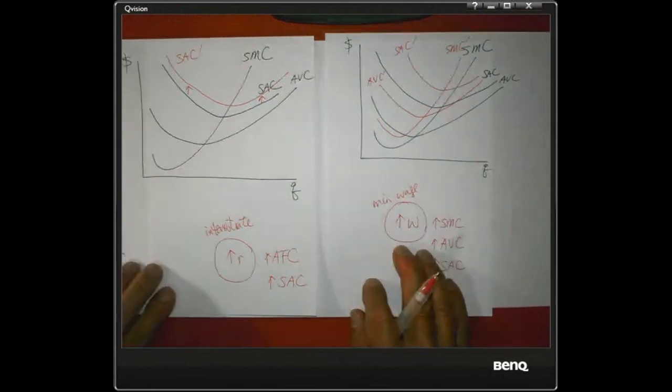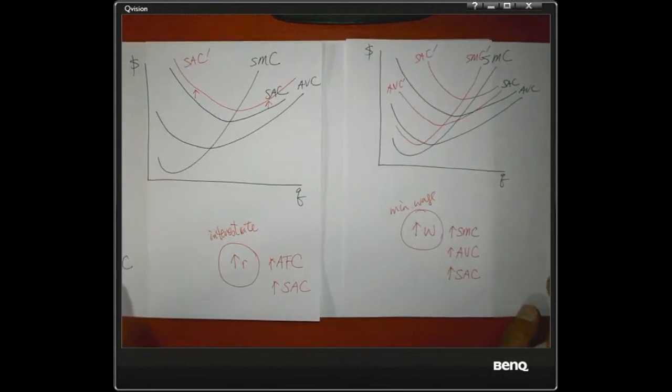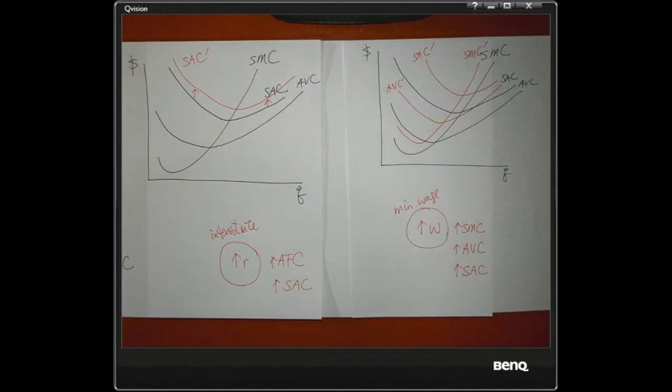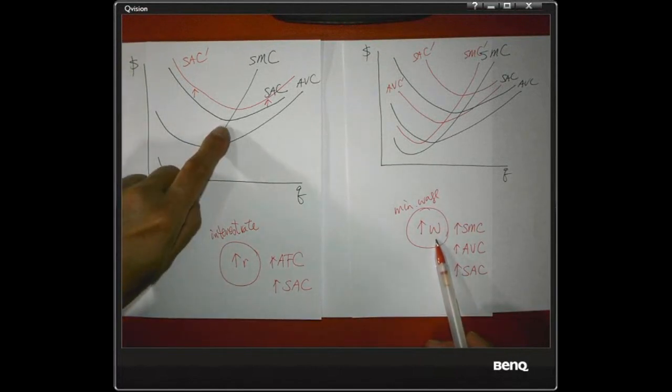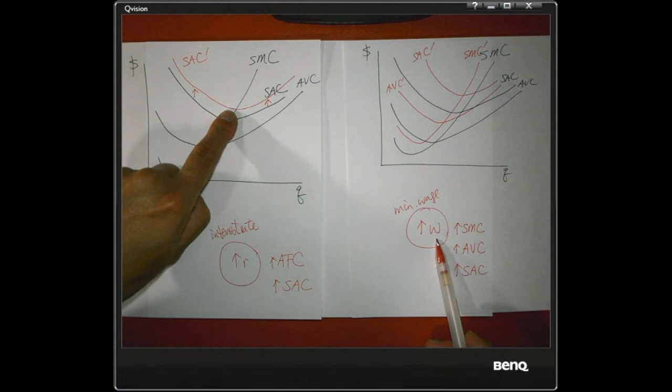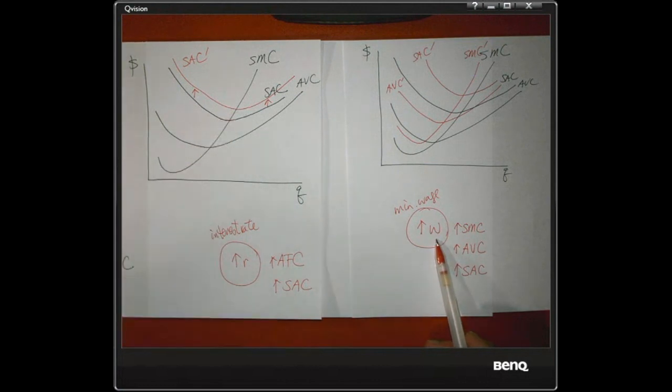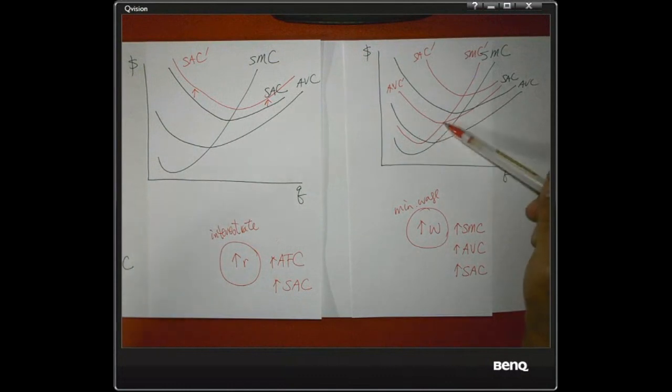If you run your own business, which one would you hate most? Of course, this one. Because changing the interest rate, you're only dealing with one curve shifting. But if the government increases the minimum wage, you have to deal with 3 cost curves shifting at the same time. That will give you triple the headache.